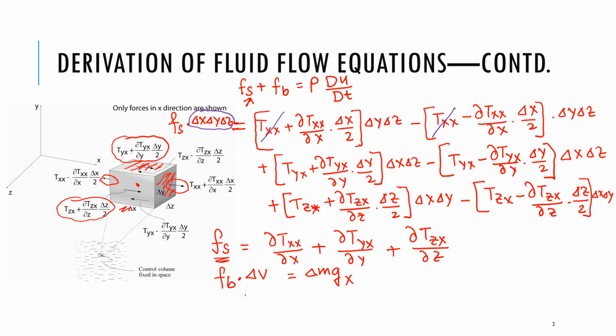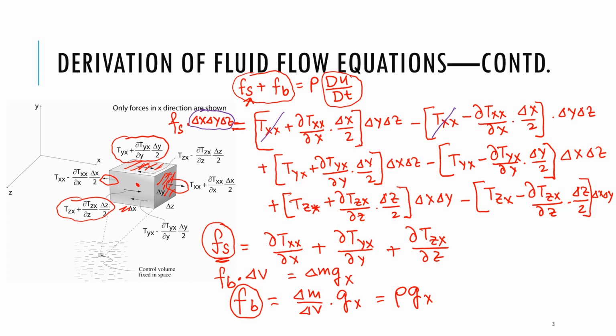So I would write Fb is equal to Δm over Δv times gx, which is equal to rho times gx. So what we have now is an expression for surface force and body force. We're going to plug that into this equation and expand this term to get the final form of the equation.